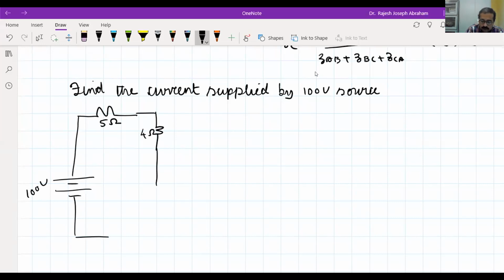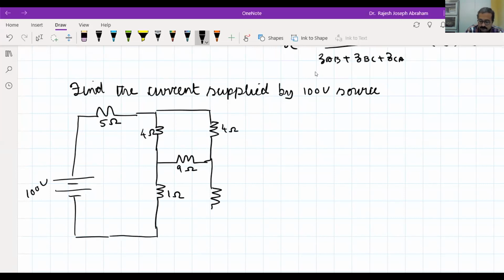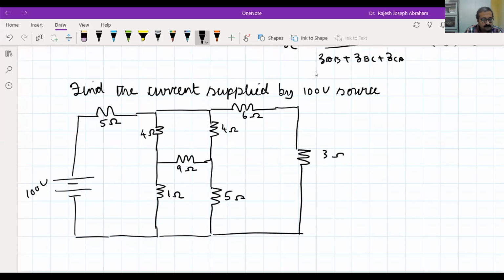Then another 1 ohm, 9 ohms, another 4 ohms, another 5 ohms, 6 ohms, 3 ohms, and 2 ohms. We have to find the current supplied by the 100 volt source.